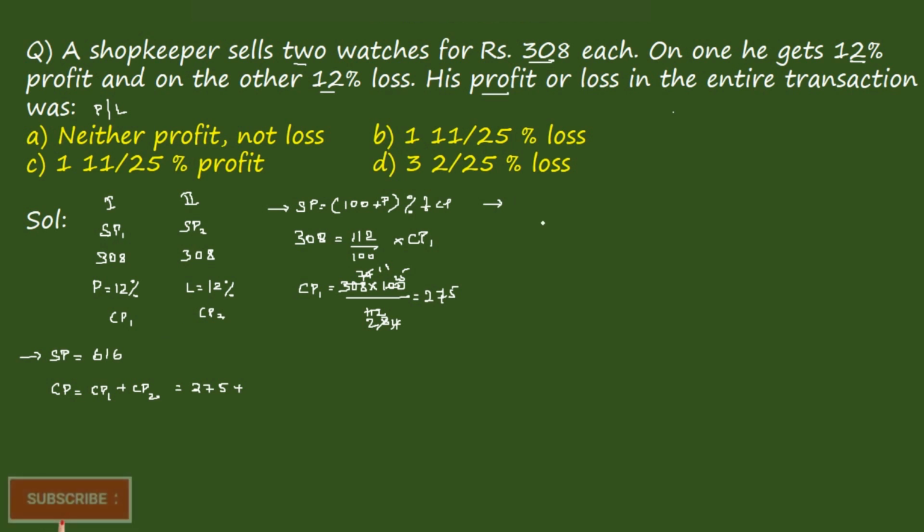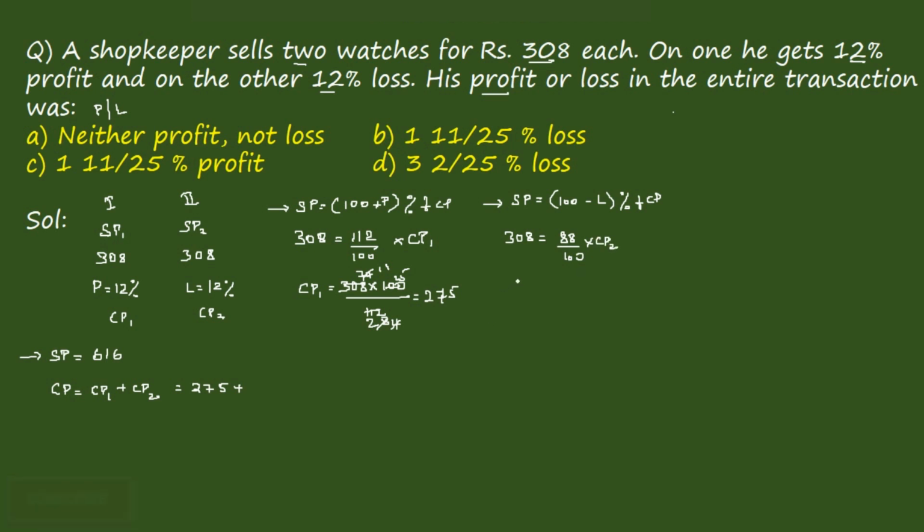Then here we're getting a loss. Then selling price is equal to 100 minus loss percentage of cost price. Here selling price is given as 308, and loss is given as 12. So it becomes 100 minus 12, it becomes 88 by 100 into cost price 2.